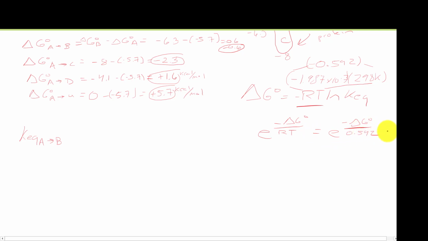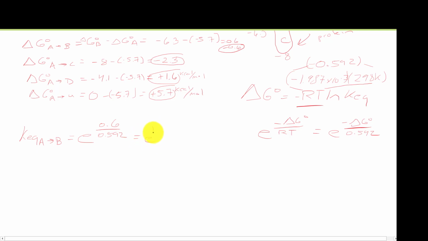Okay, so we're going to solve KEQ for all of these using our delta G for our specific transition. So KEQ from A to B is going to be E to the positive 0.6, because it starts with a negative, over 0.592. This is E to the 1.01.